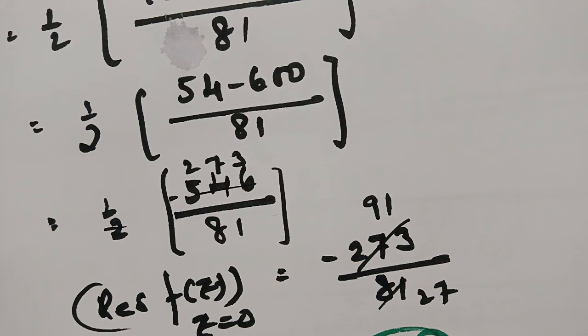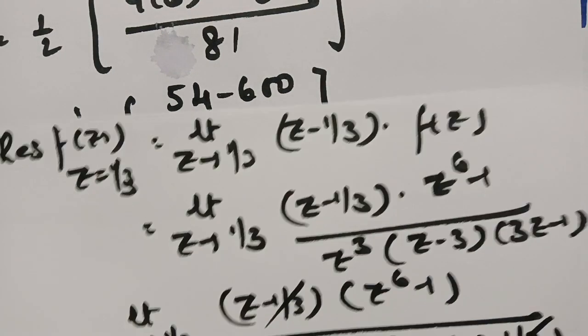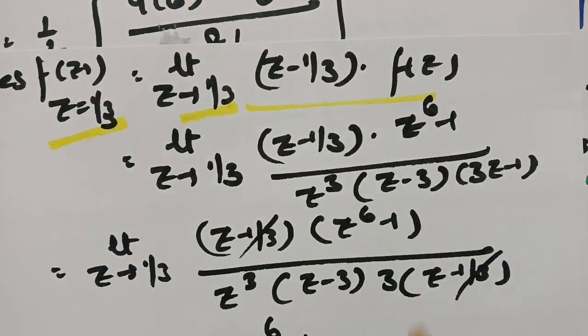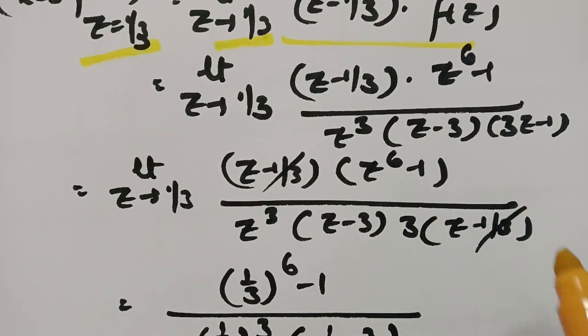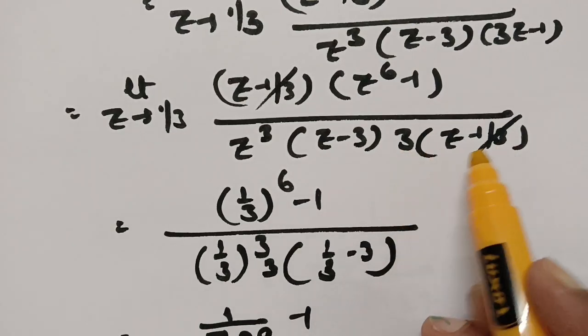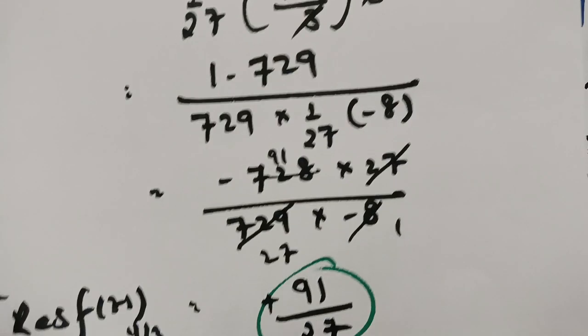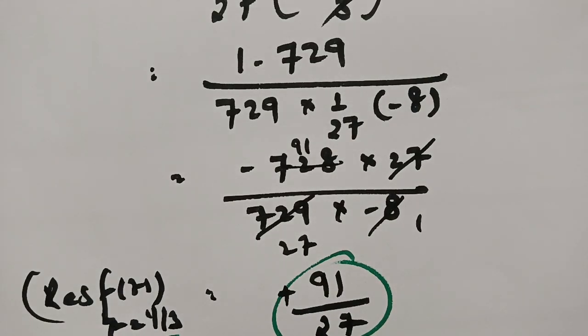The next pole is 1 by 3. For z equal to 1 by 3, here is the formula, and after cancelling, taking 3 common and substituting z as 1 by 3, we got plus 91 by 27.